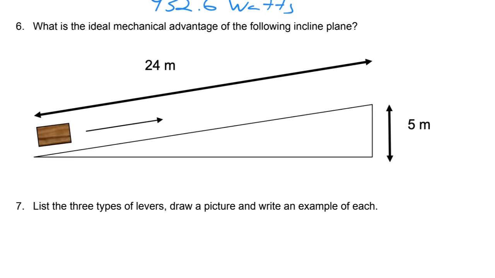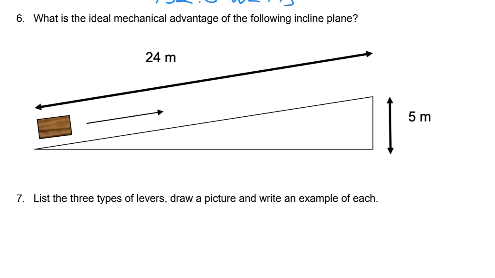All right. For ideal mechanical advantage, the only work that is actually done is work that is in opposition of gravity. So the 5 meters is the work that was actually done, but we got to push it 24 meters up this ramp to accomplish that 5 meters. So each meter we're pushing it, we're only accomplishing a small amount of the total of the actual work done against gravity.